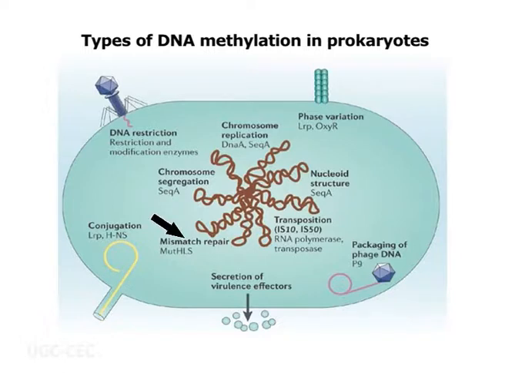It plays a very important role in the DNA repair system, and we already know that DNA modification is an important part of restriction modification enzymes. Besides this, it is also a determinant factor in controlling bacterial virulence and hence pathogenesis. So in this way, the modification enzymes are very important.